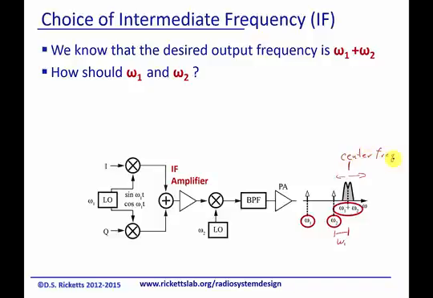What does that mean? If I want to be operating at, let's say, 920 megahertz, and Omega naught is 20 megahertz, then Omega 2 could be 900 megahertz. Omega 2 would not be 920 megahertz, because we want to center it right there.